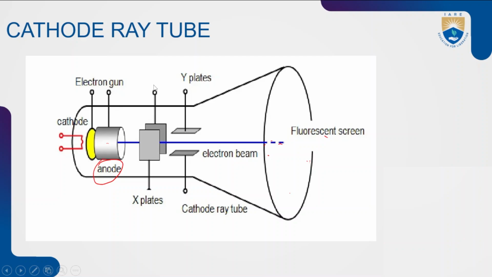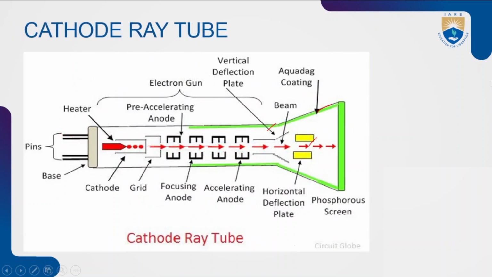This is the block diagram representation of the cathode ray tube, and this is how the internal parts are present in the cathode ray tube and how it works. If you observe this cathode ray tube, it consists of an electron gun, vertical deflection plates, horizontal deflection plates, phosphorus screen and control grid.